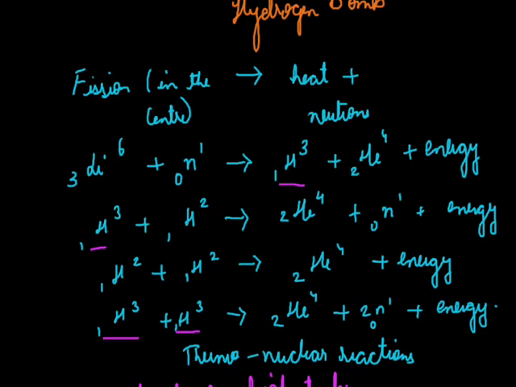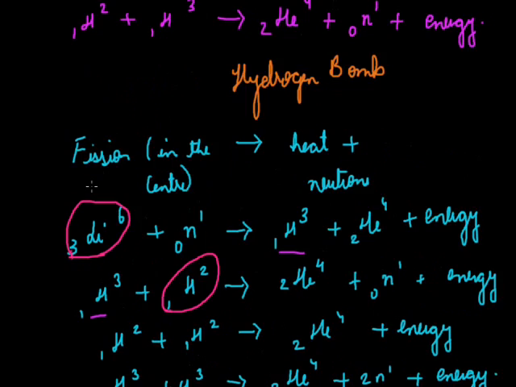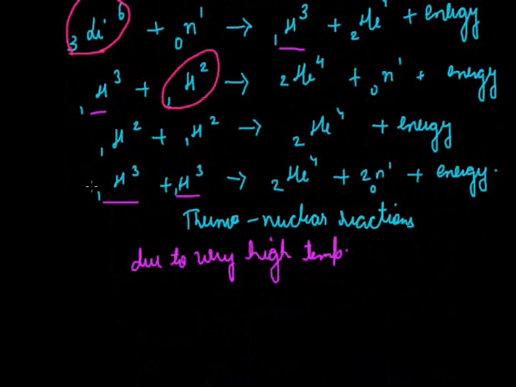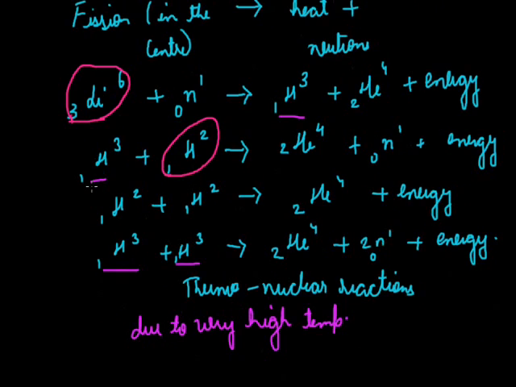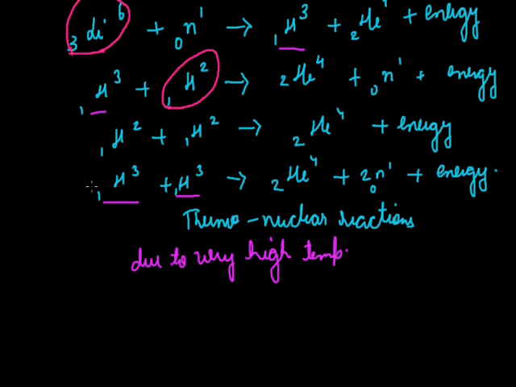We said that only lithium and the heavy nuclei of hydrogen atom are present, means these two constitute the bomb. Tritium is not a part of its constituents because it is prepared in the hydrogen bomb itself, because tritium is very unstable. So if it were there, then it would cause instability in the bomb. So it is prepared in the bomb itself.